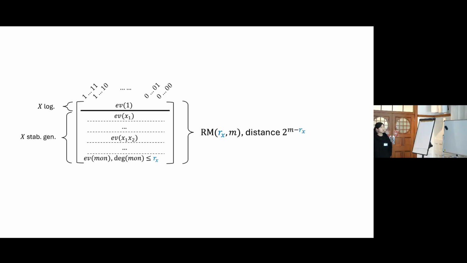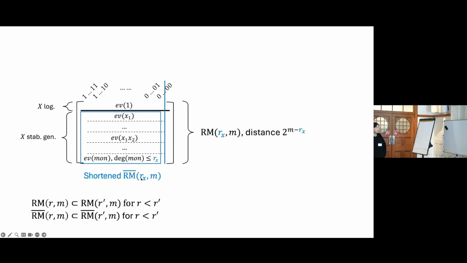To construct the quantum code, we just take the first row as the X logical and the rest as stabilizer generators. Then we puncture the all-0 coordinate and leave this out, and this quadrant here will be the shortened Reed-Muller code. From the definition, it should not be hard to see that it satisfies this containment relationship because it's degree up to R and R prime.